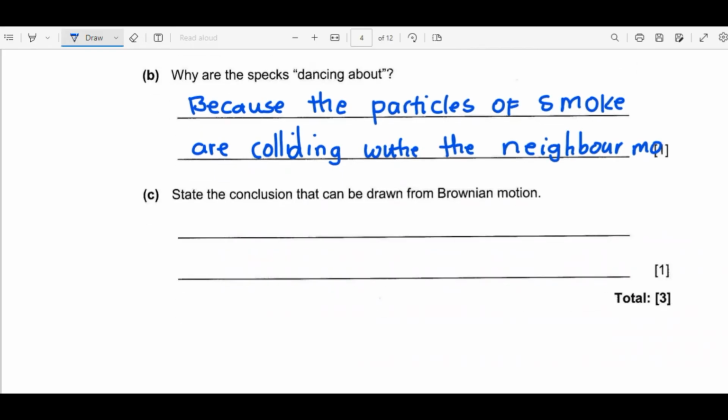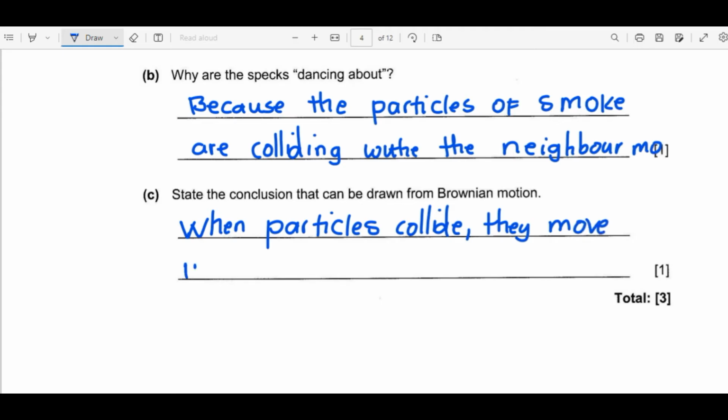Then for question C, state the conclusion that can be drawn from Brownian motion. So the conclusion that we can draw from here is that when particles collide, they move in a random direction.